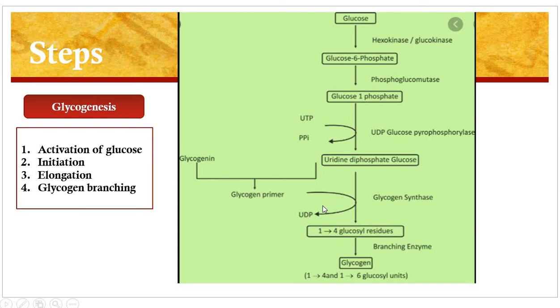This is the process of initiation, and then glycogen synthase will add the successive glucose molecules and develop 1,4 glycosyl residues in the step of elongation.